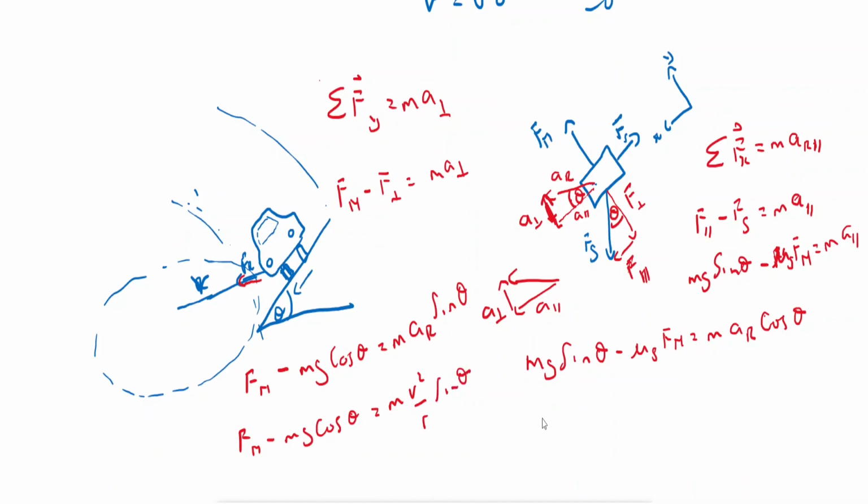Even here you could say it's mg sine of theta minus Fn is equal to M A_R cos of theta. So you could have this as equation 1, this as equation 2, and then you basically solve whatever it is that you want to solve.